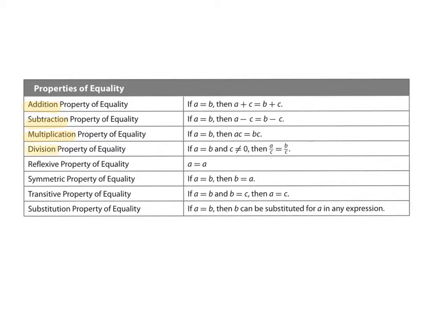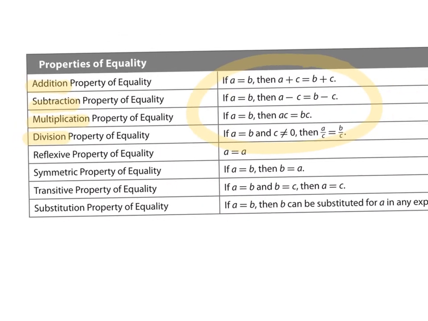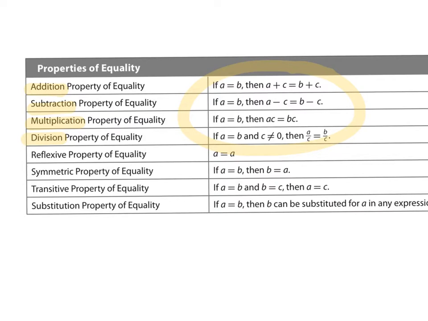So addition, subtraction, multiplication, division, all these examples on the right here say is that whatever you do to one side, you have to do to the other to maintain that equality. I would maybe write down the examples for reflexive, symmetric, transitive, and substitution, because it is important that you know the difference between those, particularly later on. So I would go ahead and write those down with some form of the example just for yourself.